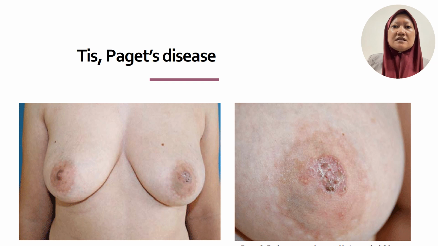Specifically, you can see an erythematous, scaly, and crusted lesion on the left nipple areola complex, which has almost destroyed the nipple itself. This type of finding is significant and warrants further investigation, as it could indicate underlying conditions such as Paget's disease of the nipple, and this can be staged as Tis, or tumor in situ, or Paget's disease.